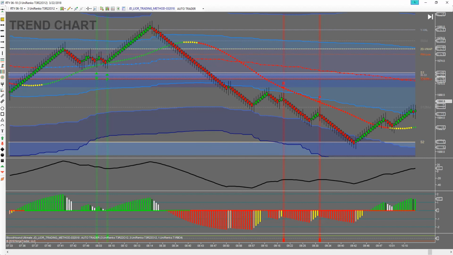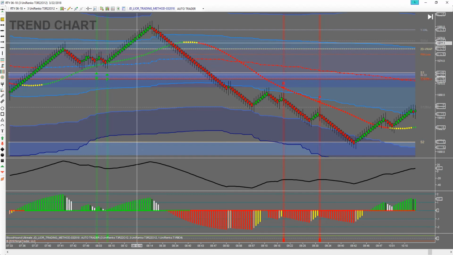So this is 8. This one didn't go our way, so we would have lost 15 ticks there. But this one here went a lot higher, and that's a very good thing.